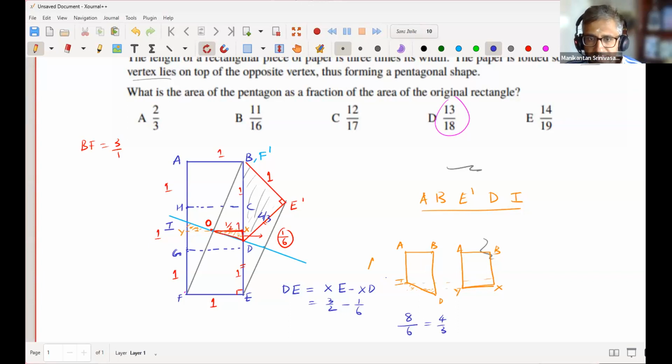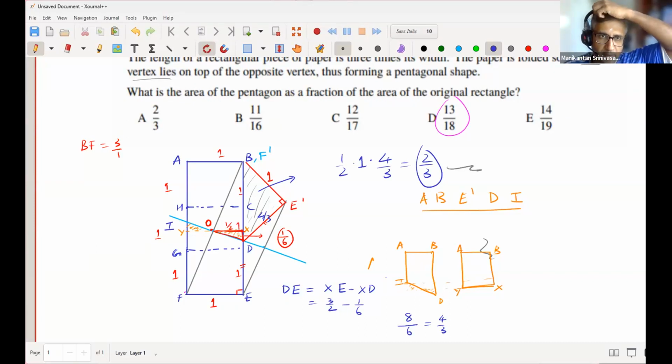Therefore, the area of this triangle is just half into base into height, which is 2/3. Okay. So we found the area of the triangle. We already said the trapezium is nothing but half of the entire big rectangle. So we just have to add and then divide by the total. The entire big rectangle was 3.